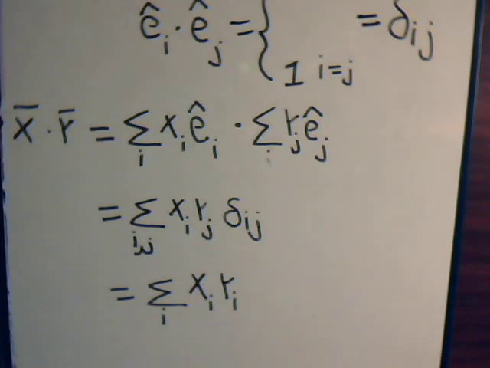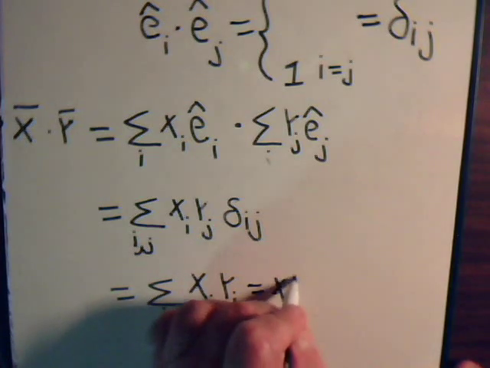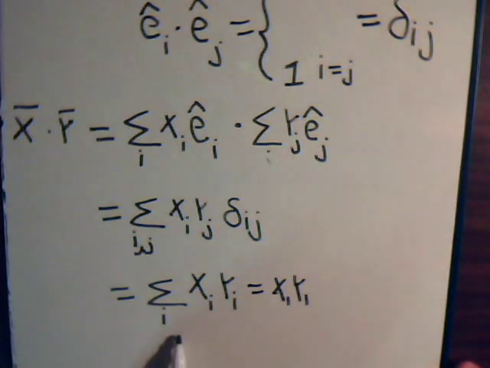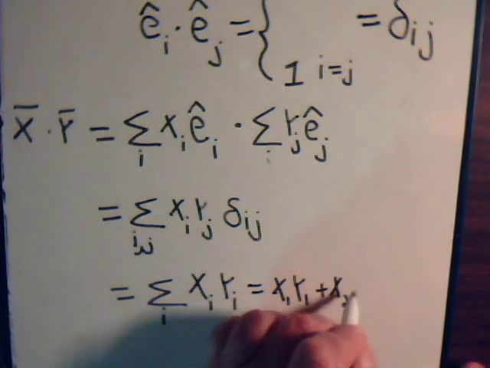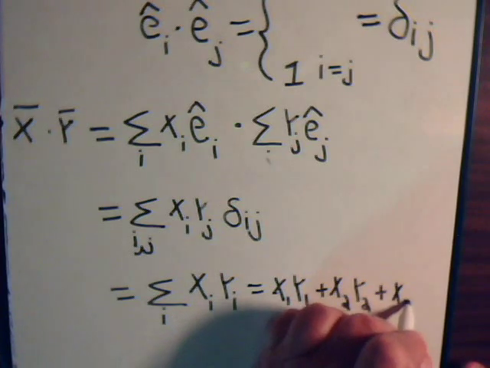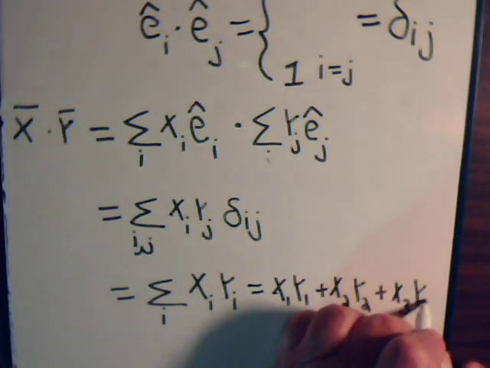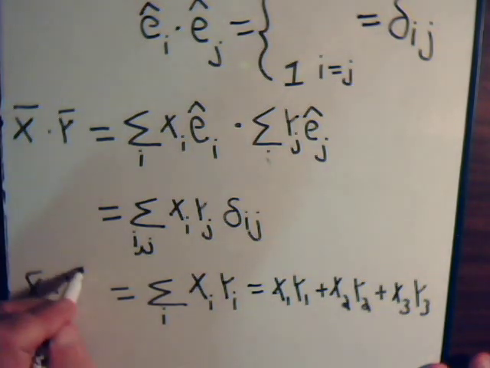So now we have this expression, and this equals x1 y1, summing over i now, plus x2 y2, plus x3 y3, and that's equal to x dot y.